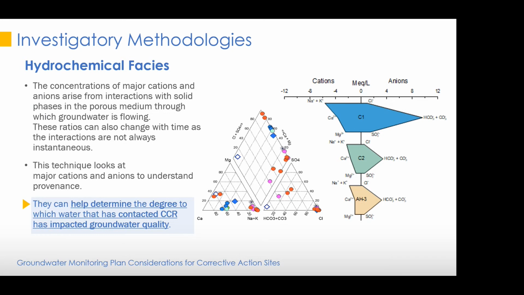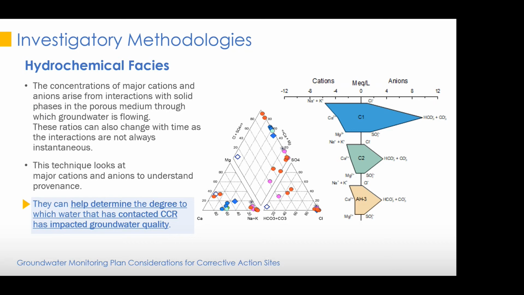Sometimes you can determine whether or not they come from the CCR unit itself or whether they come from someplace else, depending on whether, for example, on the right-hand side, this groundwater labeled C1 looks kind of the same as C2 and kind of the same as AH3. Those are three different wells. They have the general same pattern of major cations and anions, but somewhat different in composition.